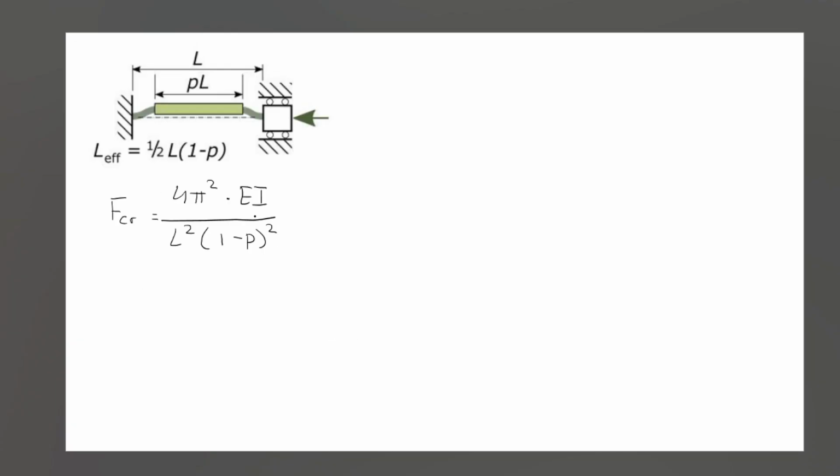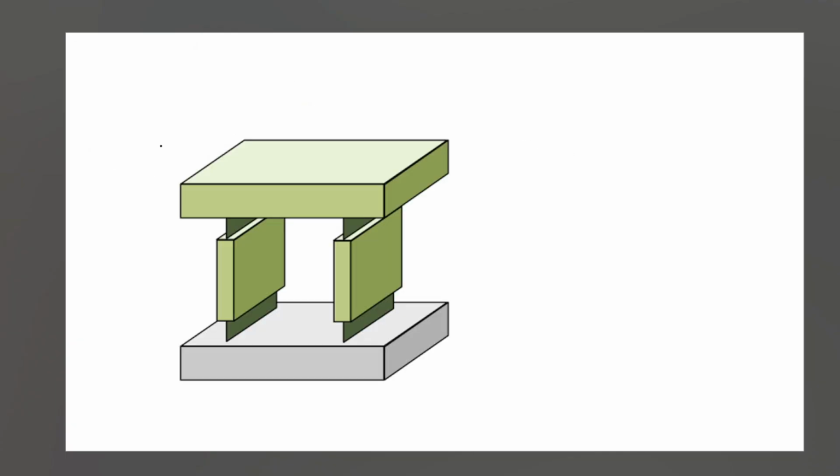Now this is the formula for the buckling. Now what we know is that we have this system. There is of course a force coming from the top, and that was 3000 newtons. Now that force of course divides over the left one and the right one. So that means each of these flexures will experience 1500 newtons of force.